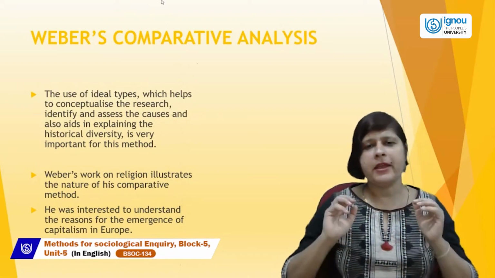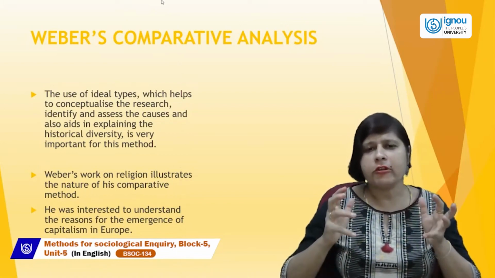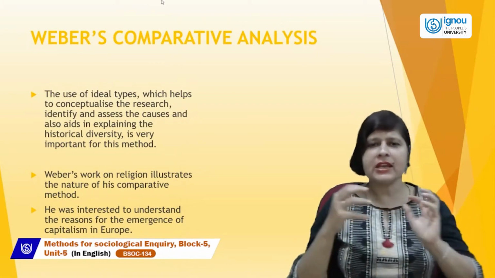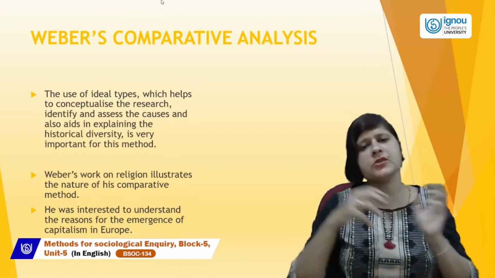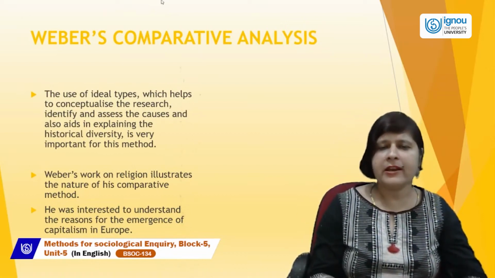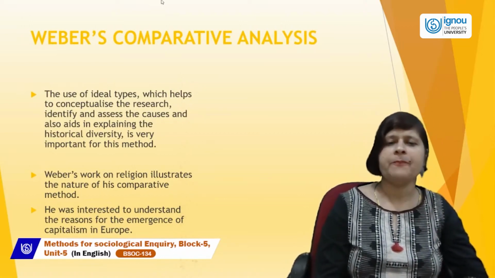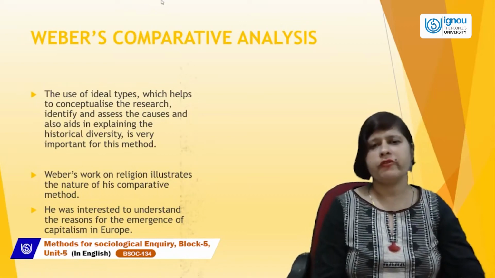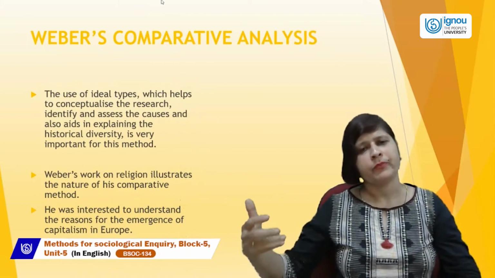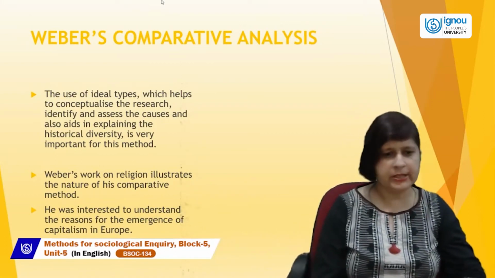And then he compared these religions, and concluded why there is a difference between Indian society, Chinese or Asian society, and Western society. So he used the comparative method, worked extensively on religion, and on that basis concluded that it is because of the Protestant ethics that capitalism started from Western society.